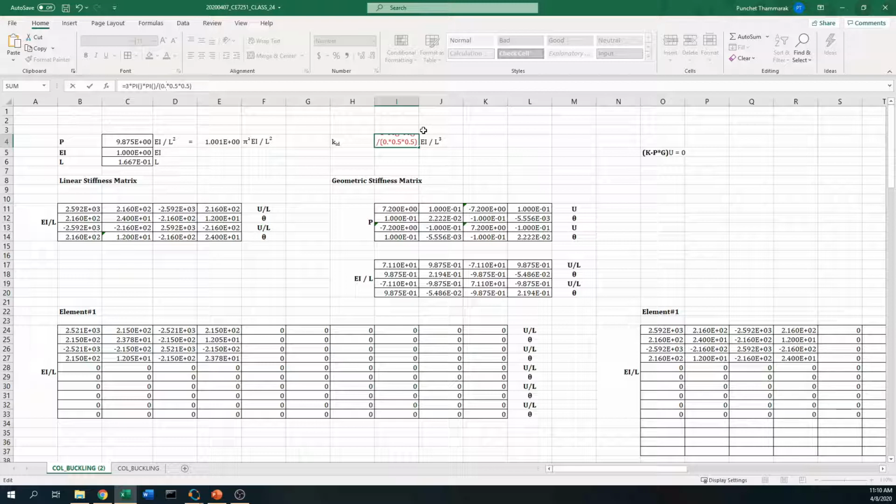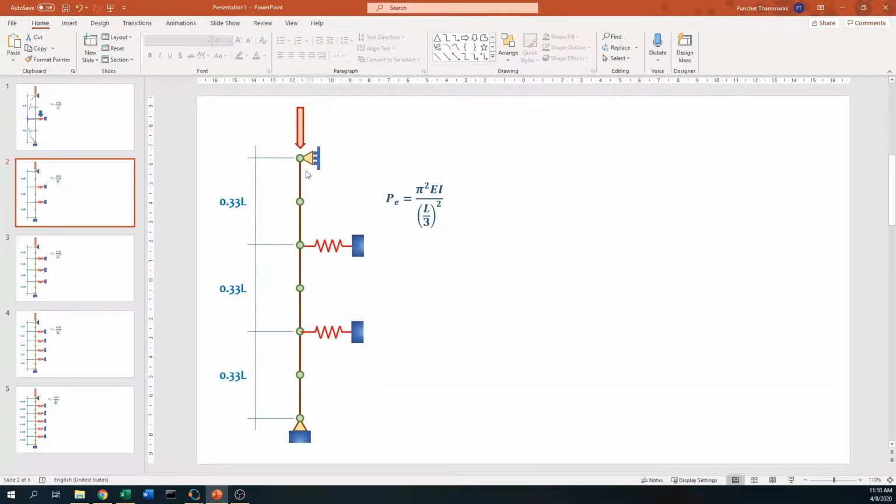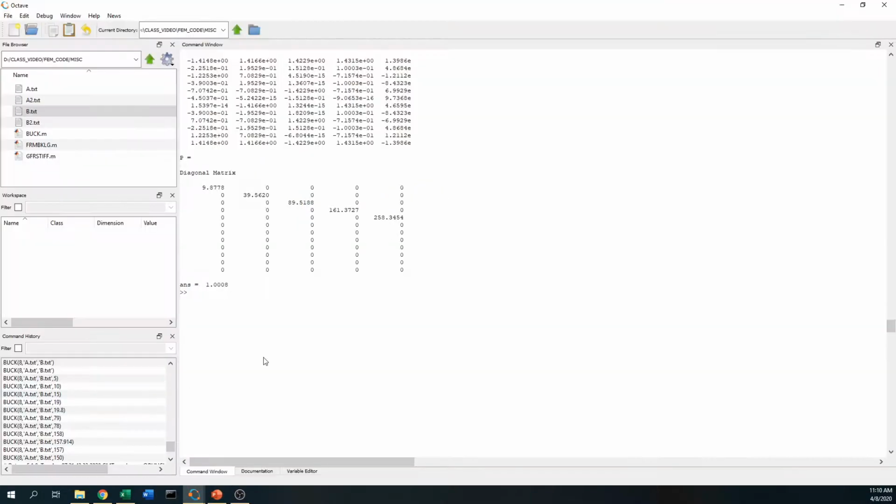It has to be 0.3333. 0.3 and 0.3. So now it turns out to be 799. If you have 799, then you'll be able to produce the buckling load that is equal to 9 pi square EI over L square. Okay, that's the meaning.